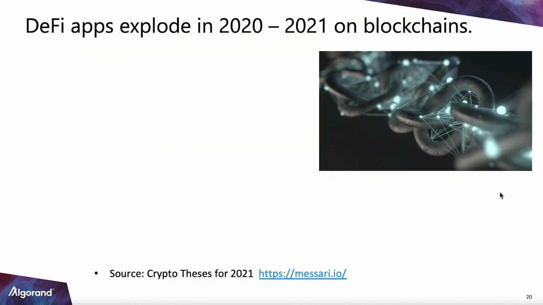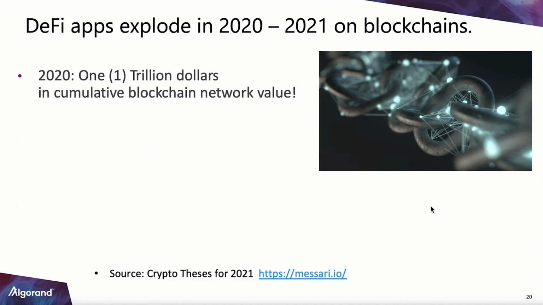But you know what? The biggest area that's most exciting is DeFi, and that stands for Decentralized Finance. This is exploding in 2020 and 2021. Again, I got these figures right from that Messari report.